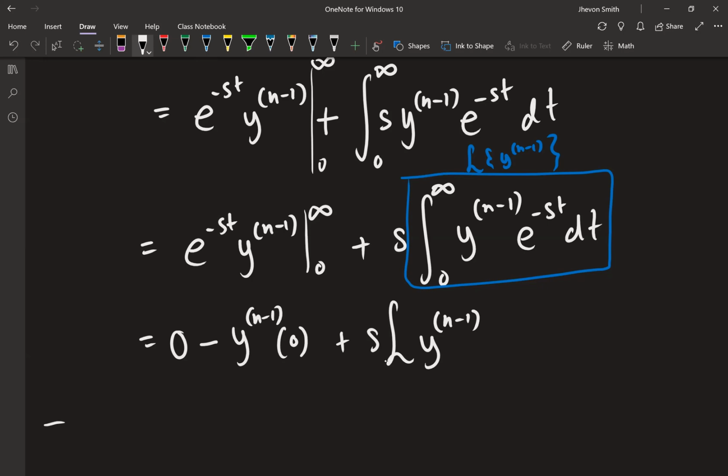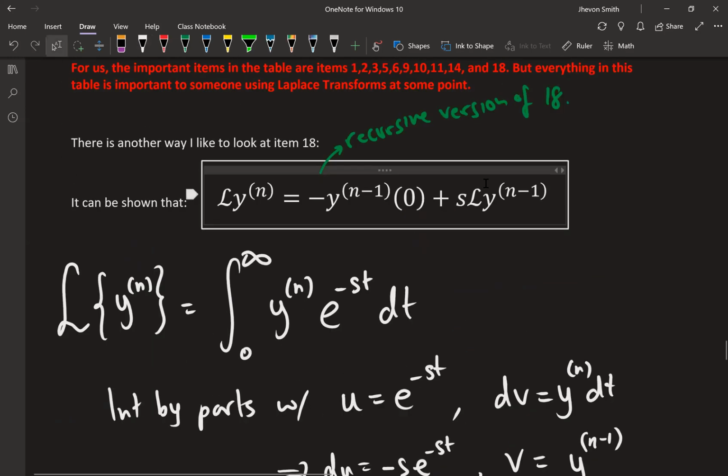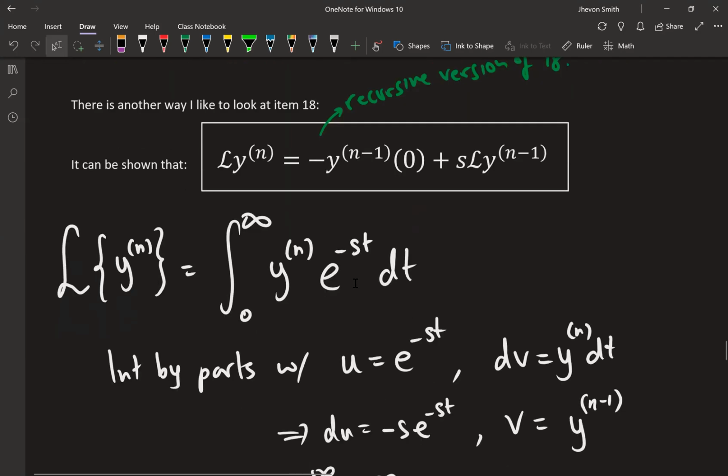And so the Laplace transform of the nth derivative of a function is minus y to the n minus first derivative evaluated at 0 plus s times the Laplace transform of the n minus first derivative, which is as shown above. Now we're going to put this together pretty soon and you're going to see something amazing happen. So that's how this formula came about.